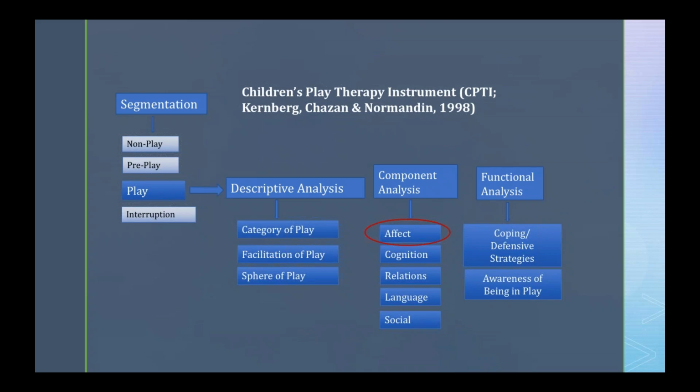The coping strategies, I mentioned obsessive defenses, would be coded in this instrument, or awareness of being in play. So all those can be coded, and we code for all those. We don't just code for affect, and we use it comprehensively.